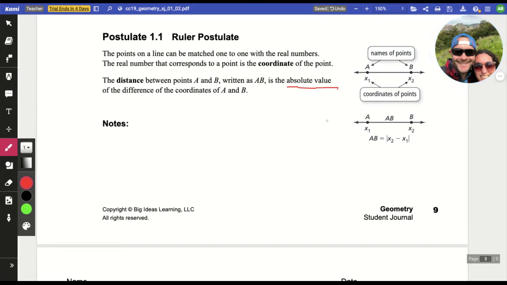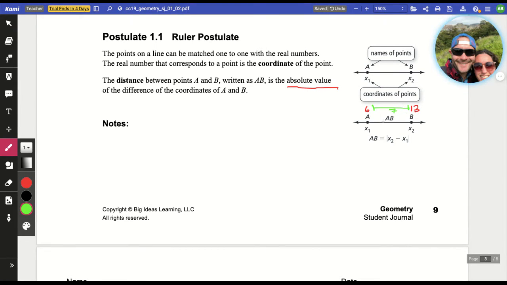So that's really what we're looking at with absolute value. All that is saying is, if you know, for example, that point A is at 6 and point B is at 13, logic says that the distance between 6 and 13, or the distance between A and B, is 7, right?